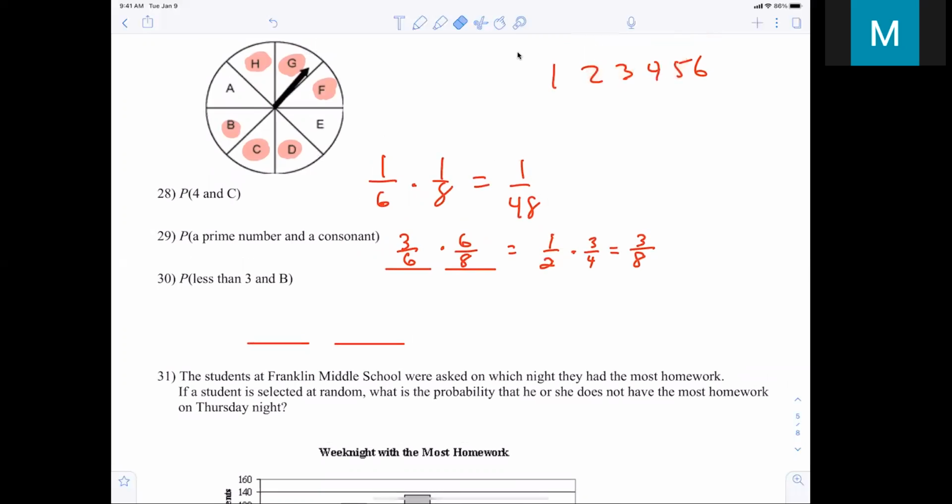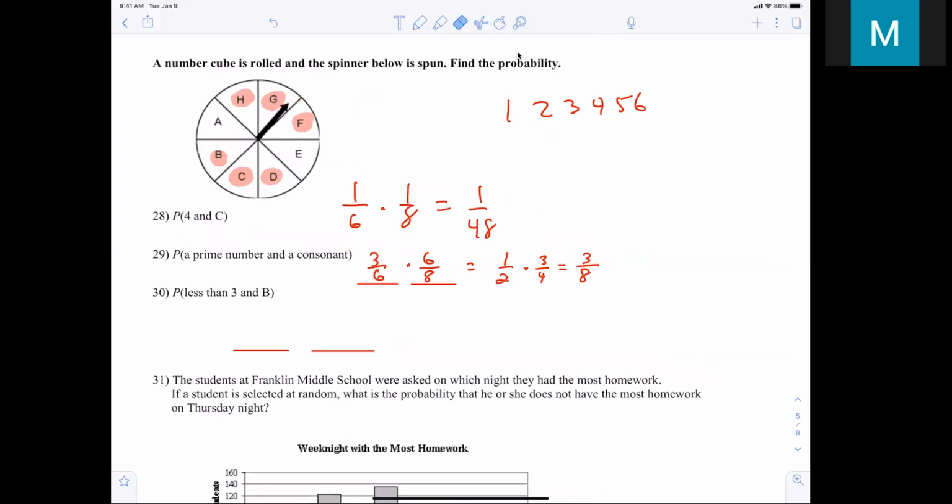Well, what are we doing? On this problem, it says you're rolling the die and spinning the spinner. So here's your die over here, KK. Come on, KK, tell me. What's the probability of getting less than 3? Out of what? Yes, 2 out of 6.